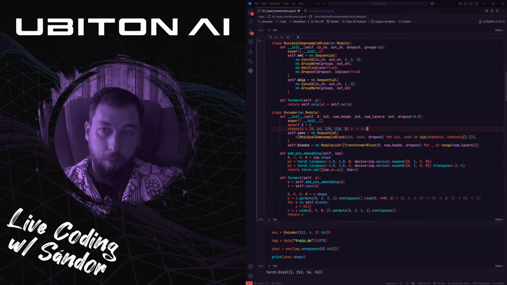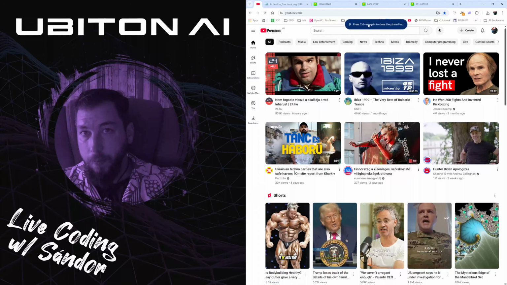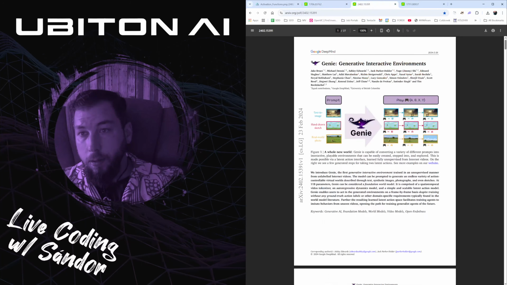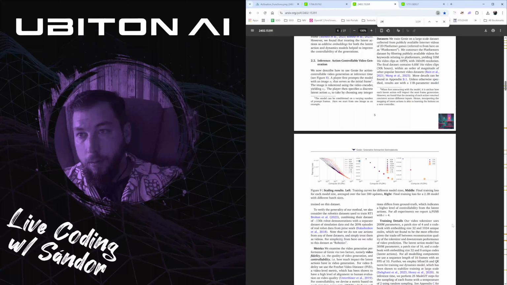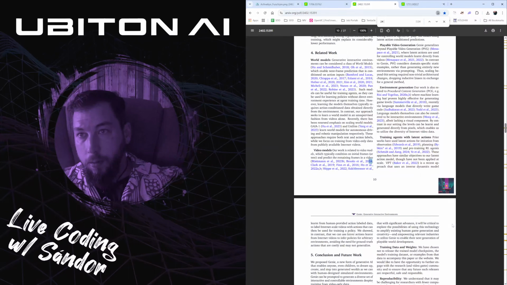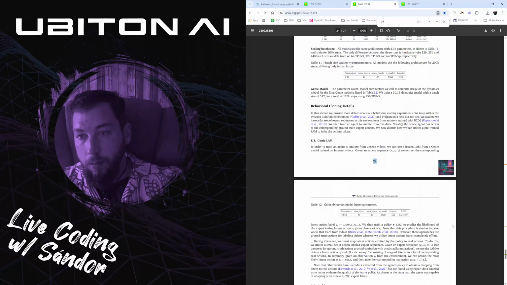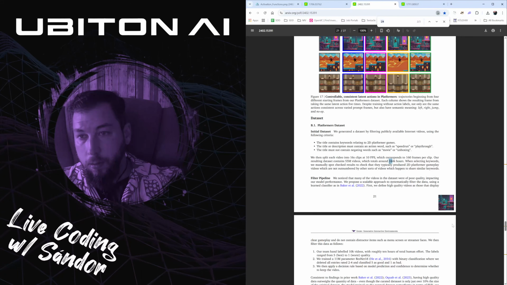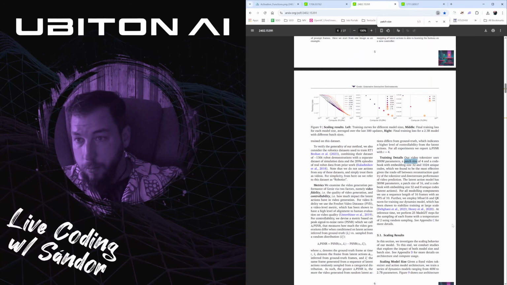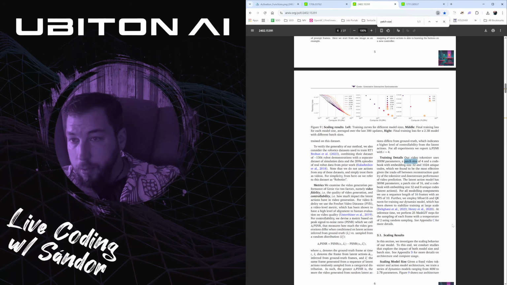They say 4 by 4 patches, but I think they don't specify whether those patches are just from the image. So the image is split up. Batch size, the batch size 4.